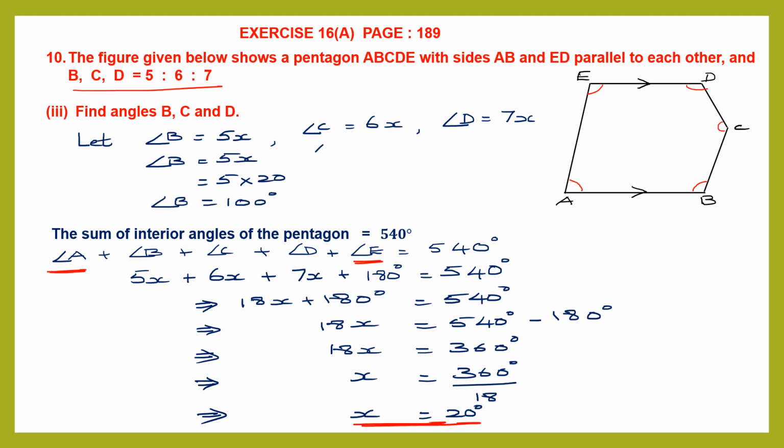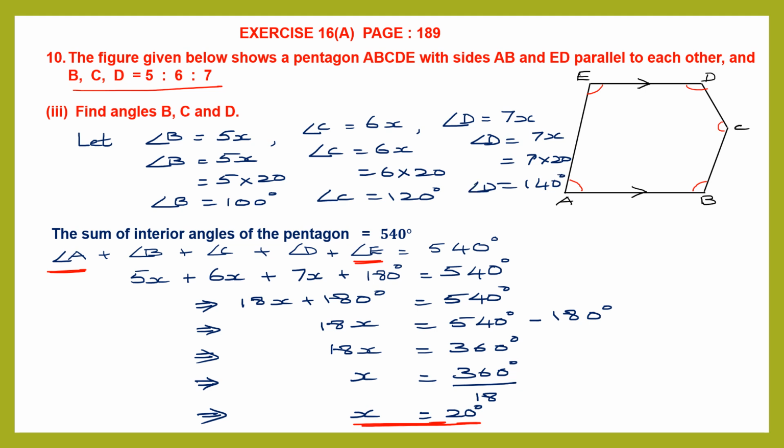Let's go to angle C. Angle C is equal to 6x, which is 6 into 20, which is 120 degrees. So angle C is equal to 120 degrees. Now angle D is 7x. So 7x means 7 into x. That is 7 into 20, which is 140 degrees.